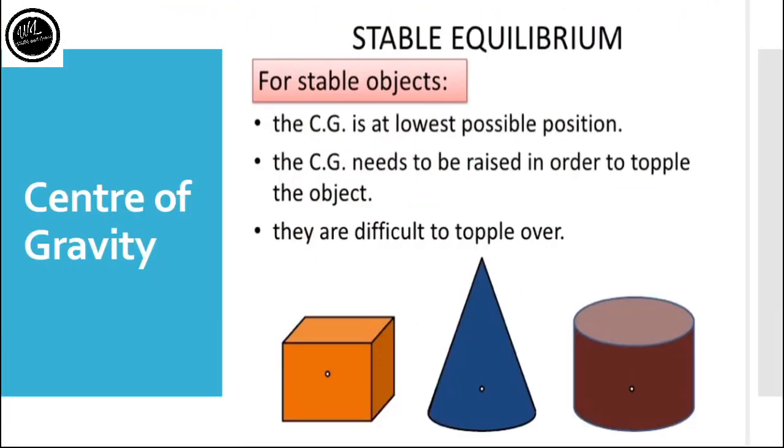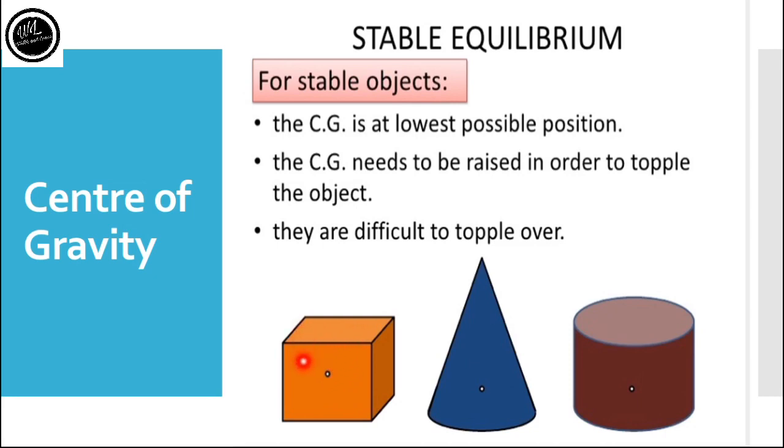For stable objects, the center of gravity should be at the lowest position. If we want to topple over the objects, meaning unbalance them, we need to raise the center of gravity. Stable objects are difficult to topple over. Those objects whose center of gravity is at the lowest point are very difficult to unbalance.